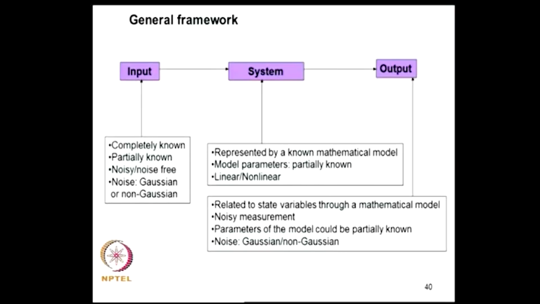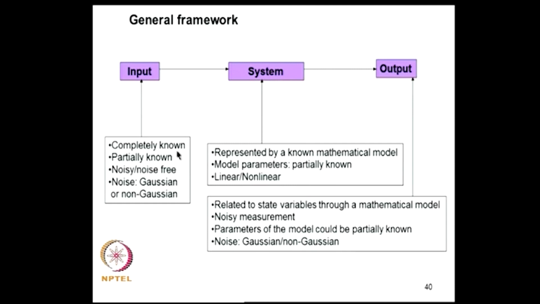Now, the general framework for this type of problems can be classified as shown here. So we have a system input and output. Suppose we know inputs completely, and the system is represented by a known mathematical model completely, and we want to predict the output, that is a problem of response analysis, but it is not always that we deal with that type of problems.